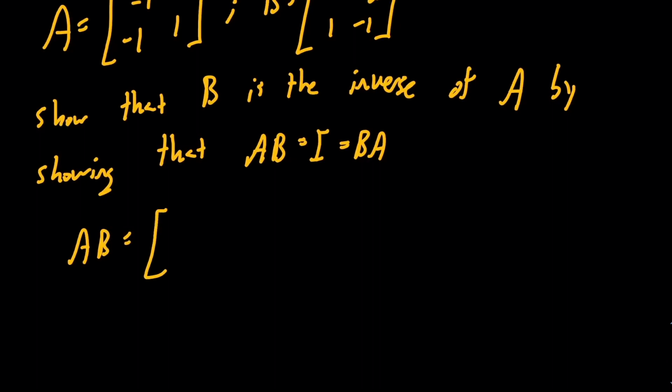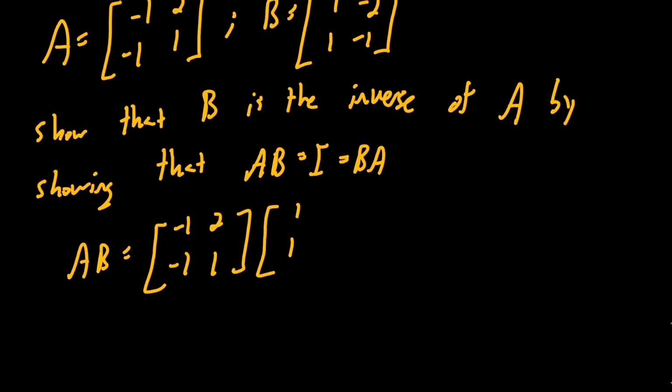So AB, what does that mean? It means you're multiplying two matrices. And what do we call a matrix with a diagonal of 1s with the rest of the coefficients being 0s? And if you remember and recall that it's an identity matrix, then you are correct.